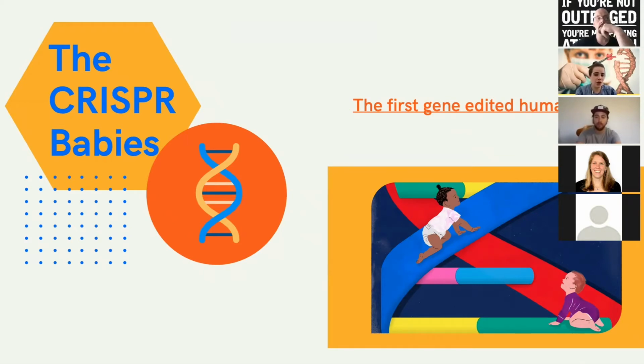And so the thought of using this in a human, in a germline procedure, is like the technology isn't even there yet. But it also begs the question of, do we ever want it to be there?